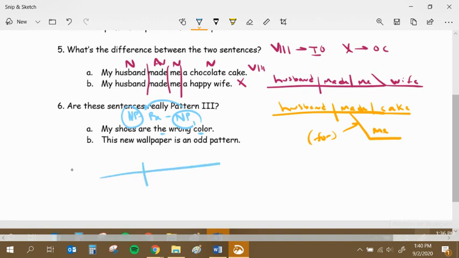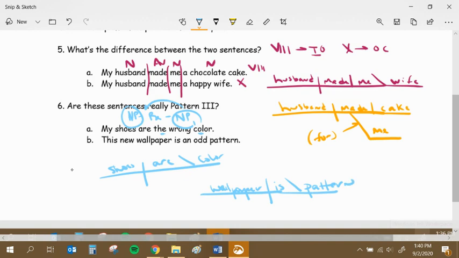Diagramming wise, you'd say shoes are the wrong color. Or this wallpaper is an odd pattern. Wallpaper is pattern. But think about it.